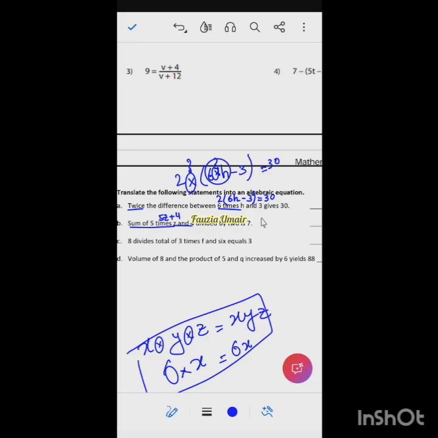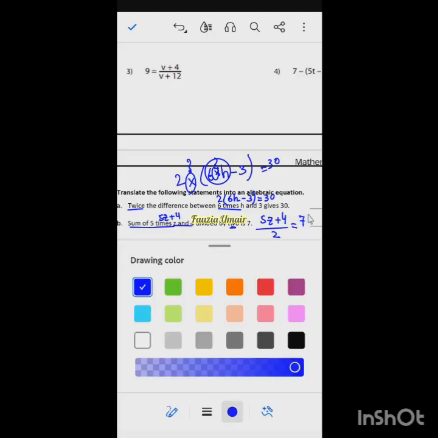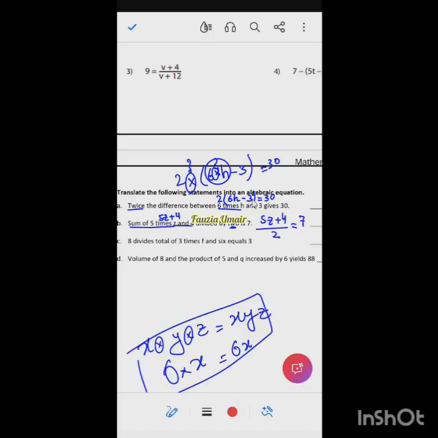So what will this be? 5z plus 4 divided by 2, is equal to 7. Very good. So now you can check again. Sum of 5 times z and 4 divided by 2 is 7. Right? Is it making sense? Yes, ma'am.